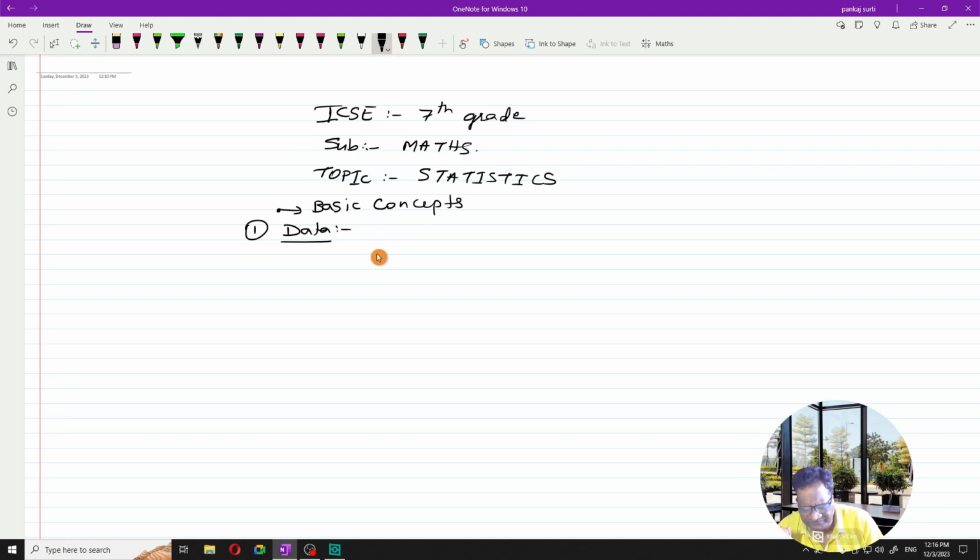For example, if you want to study the height of the students studying in a certain grade in your school, suppose you go to the 7th grade classroom and you want to analyze the height of the students studying in the 7th grade, then that height becomes the subject of interest for you, and that particular subject of interest is known as a variate.